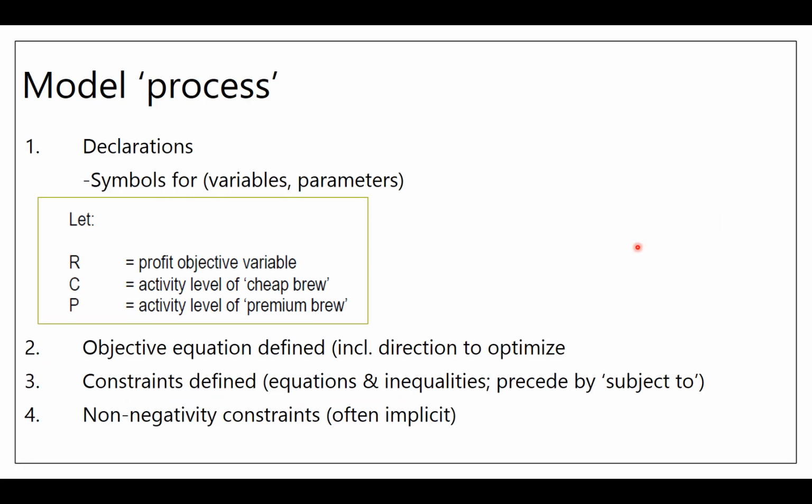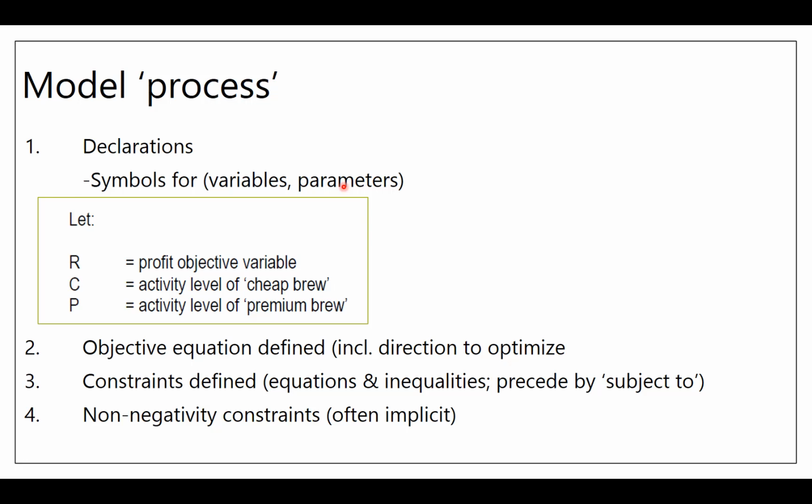The modeling process we've talked about mostly in an algebraic sense in class so far, but when you start to build a quantitative model in a computer setting, you would go through roughly the same process. That would include making declarations. We are going to declare what symbols represent different things, so those would be the symbolic declarations for variables and parameters.